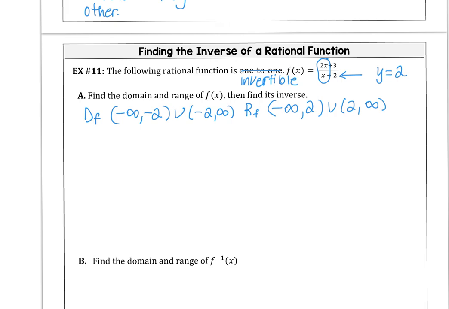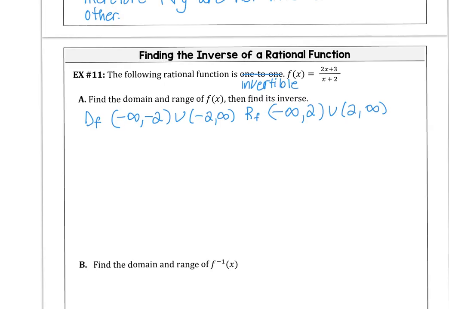Now let's interchange the x and the y, and then we can solve for y in terms of x. That gives us the inverse. So x is 2y plus 3 divided by y plus 2. We're going to multiply both sides by the quantity y plus 2.